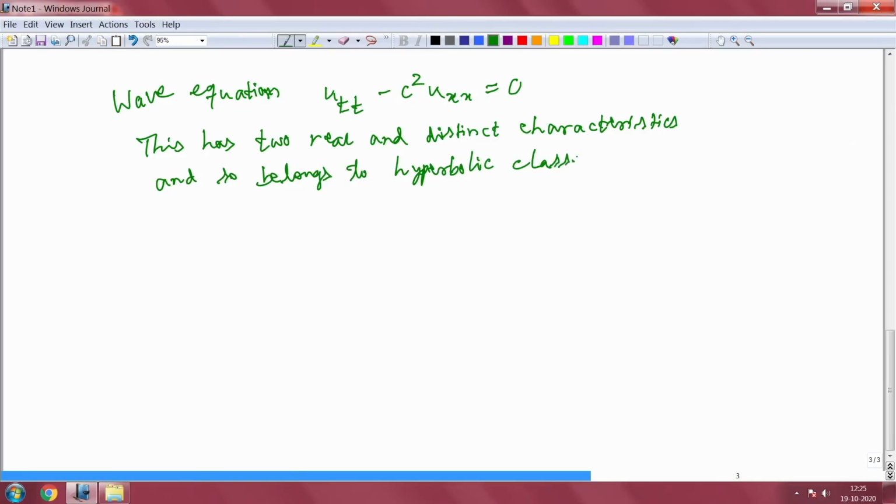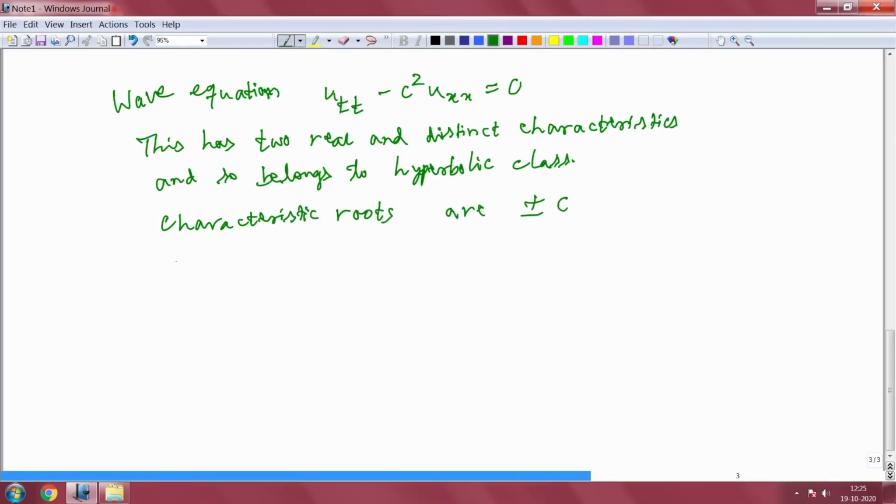So, what are the characteristics? You see the characteristic equation, maybe I will use different notation here. The characteristic roots are plus or minus c.